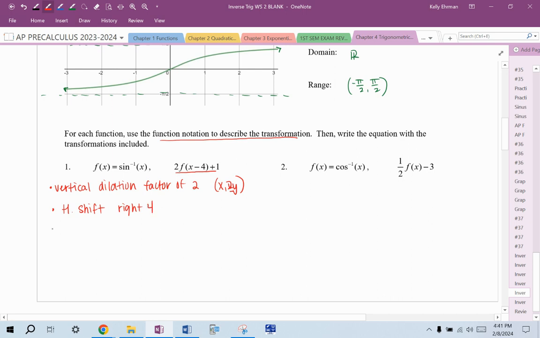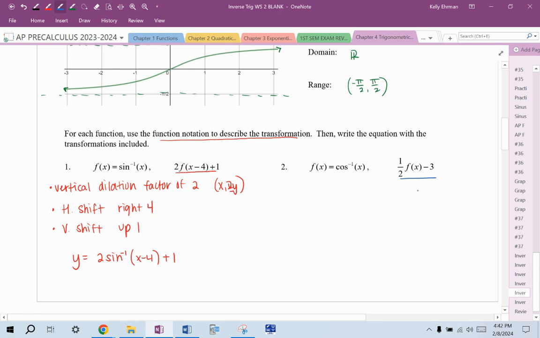You do need to indicate the direction, and a vertical shift, or just a shift, because we're going to say up 1. And then what would that look like in this equation? So that would be like, I'm just going to call it y equals, since I used f of x there. There'd be a 2 in front of the arcsine. Inside of arcsine would be x minus 4, and outside of arcsine would be plus 1.